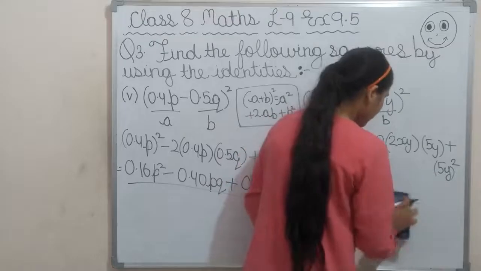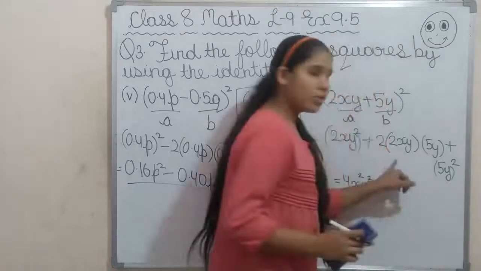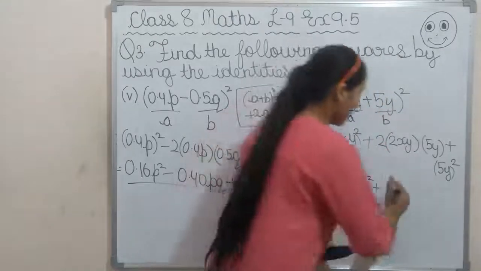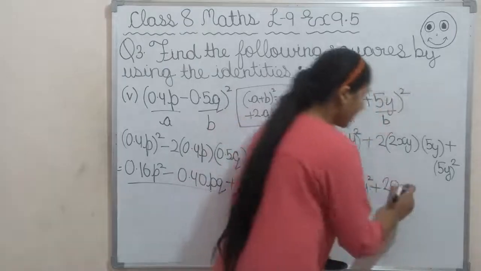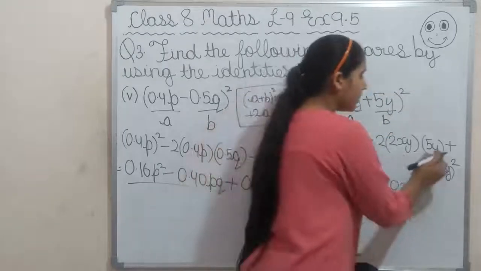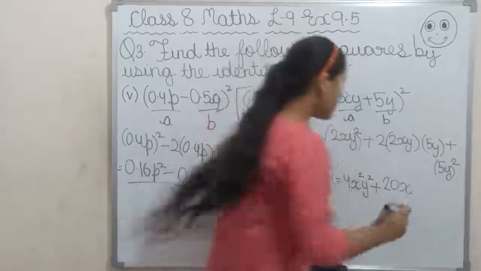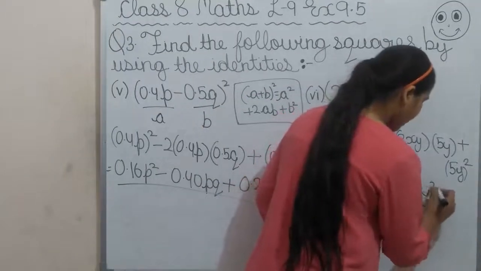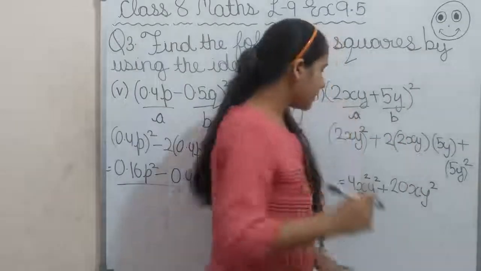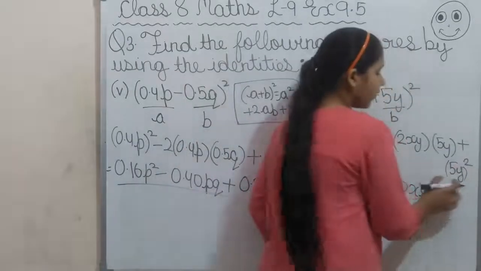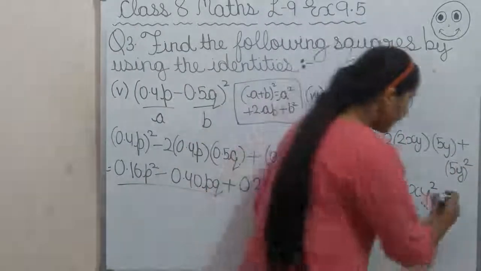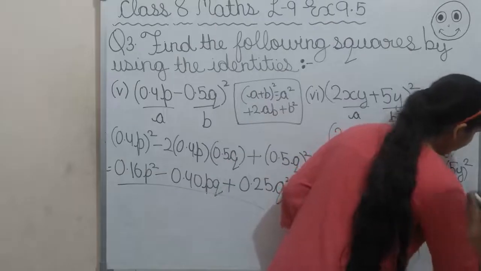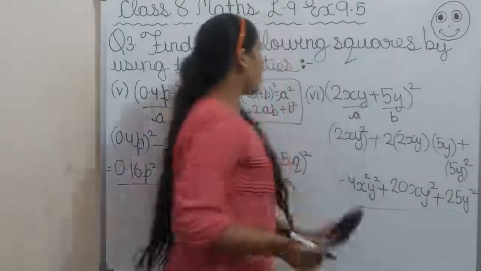Wait, 2 into 2 is 4, 4 5s are 20, and x is only one time, y is here one time, here one time, means 2 times, so y square. Then plus as it is, 5y square means 5 5s are 25 y square. So this is the answer of sixth one.